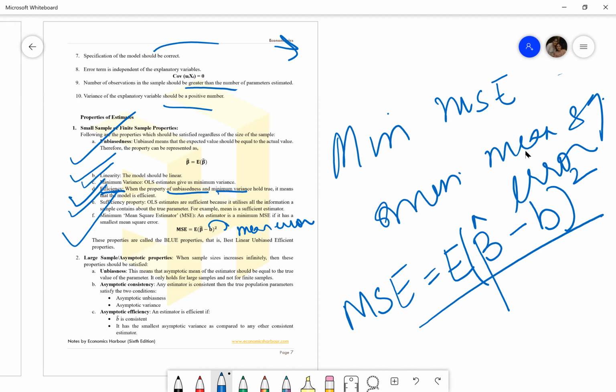And when it is minimum, it means you have an efficient estimator. You have a good estimate, or you have a good sample, or your model or your values are correct. Means good estimators or sample, sample statistics.